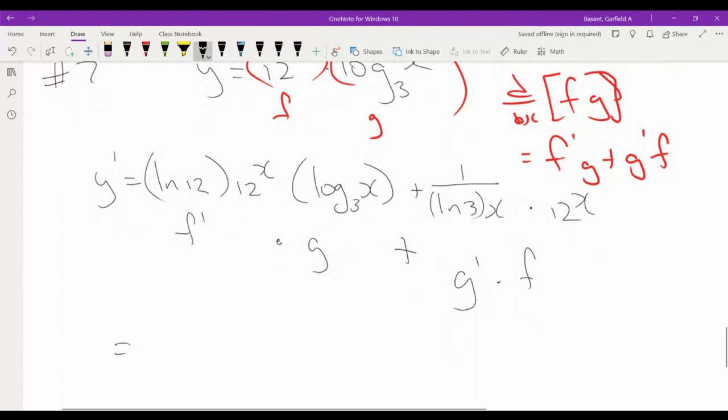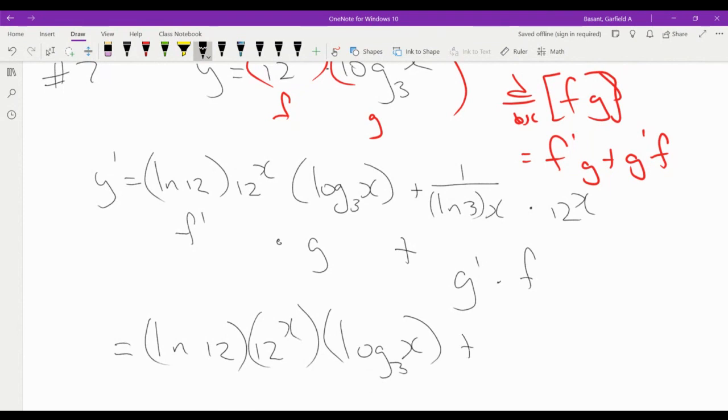So let's see if we can make it a little neater. It's ln of 12 times 12 to the x. I want to use a lot of parentheses here. Log base 3 of x plus 12 over x, the ln of 3 times x.